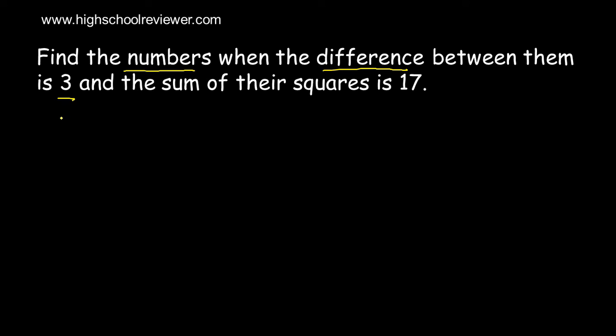Basing from this statement, we can say that the larger number minus the smaller number is equal to 3. And we can represent the smaller number by the letter x. So x will be the smaller number.